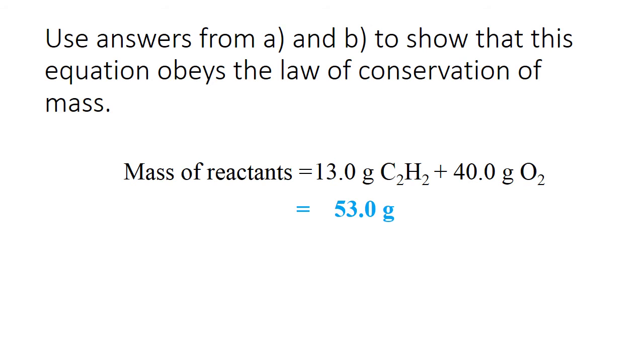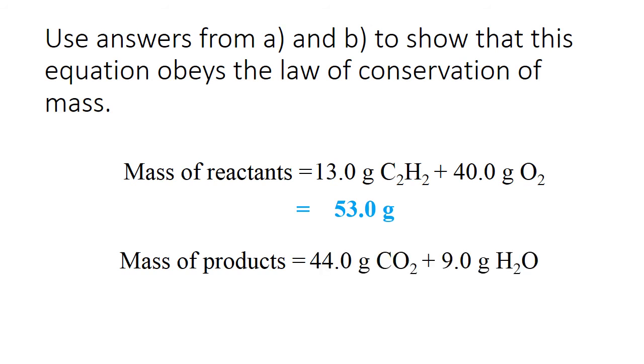So that gives us a total of 53.0 grams. Now the mass of our products, 44 grams of carbon dioxide with 9 grams of water, total of 53.0 grams. So here we see that the mass of the reactants is equal to the mass of the products. That tells us the law of conservation of mass is obeyed.